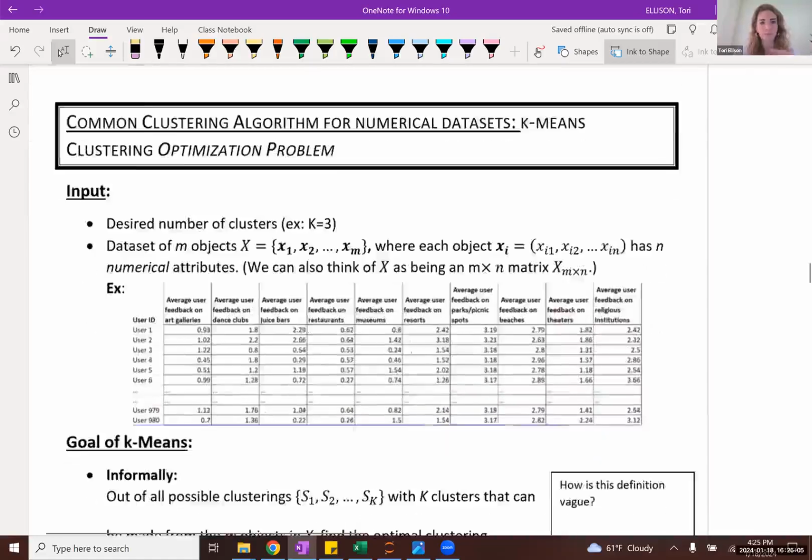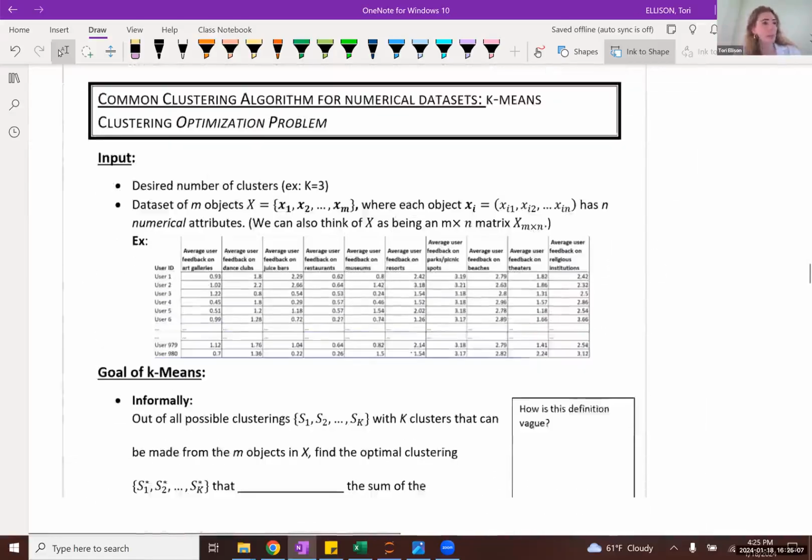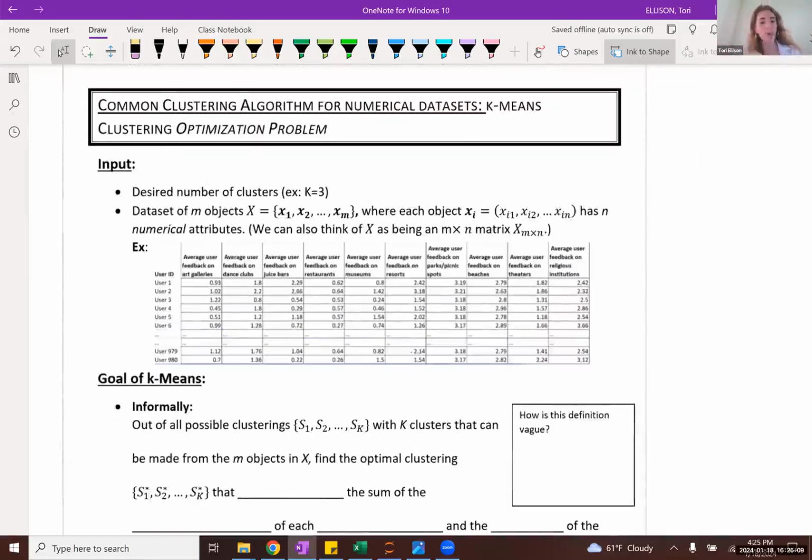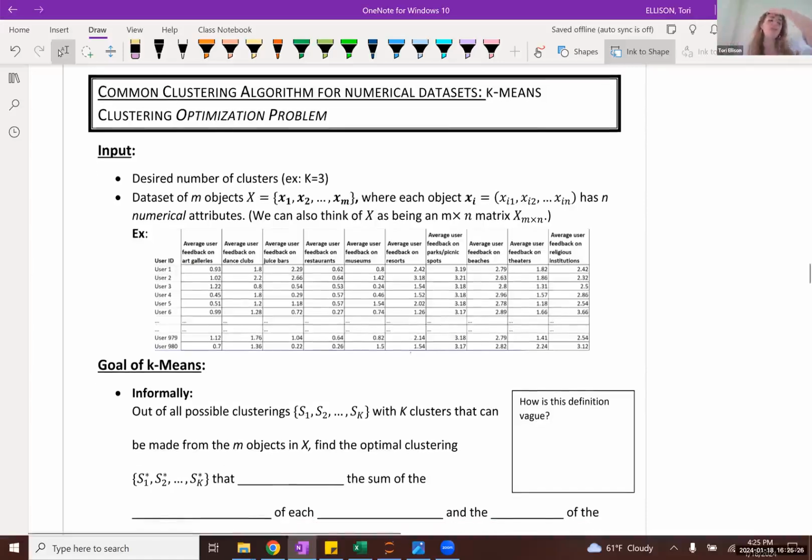One of the most common clustering algorithms or clustering optimization problems, and there's a distinction that we use in cluster analysis, is known as k-means. Before introducing the k-means clustering algorithm, I'm going to first introduce the k-means clustering optimization problem. The input for both is the following.